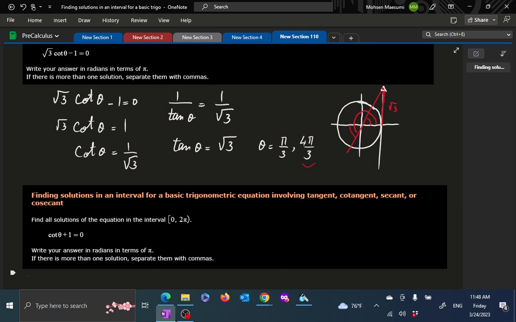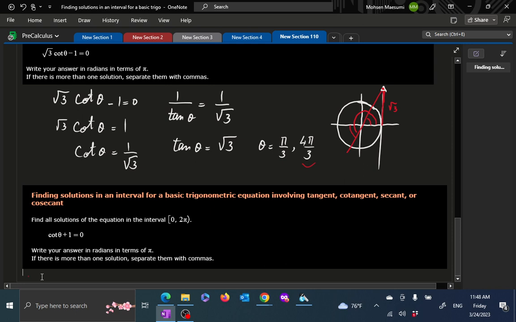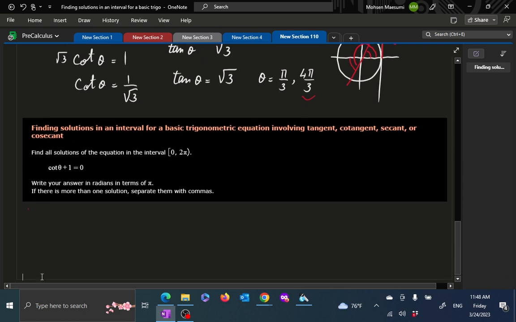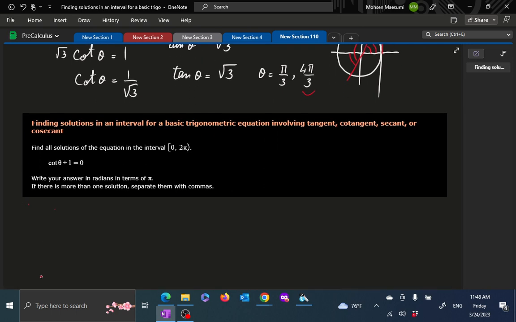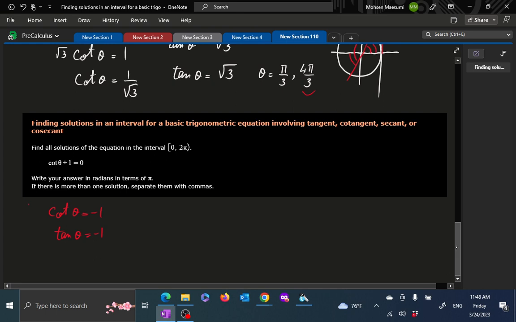And then here is a similar problem with tangent of theta plus cotangent of theta. This becomes cotangent of theta equals -1. You reciprocate both sides, tangent of theta becomes -1.